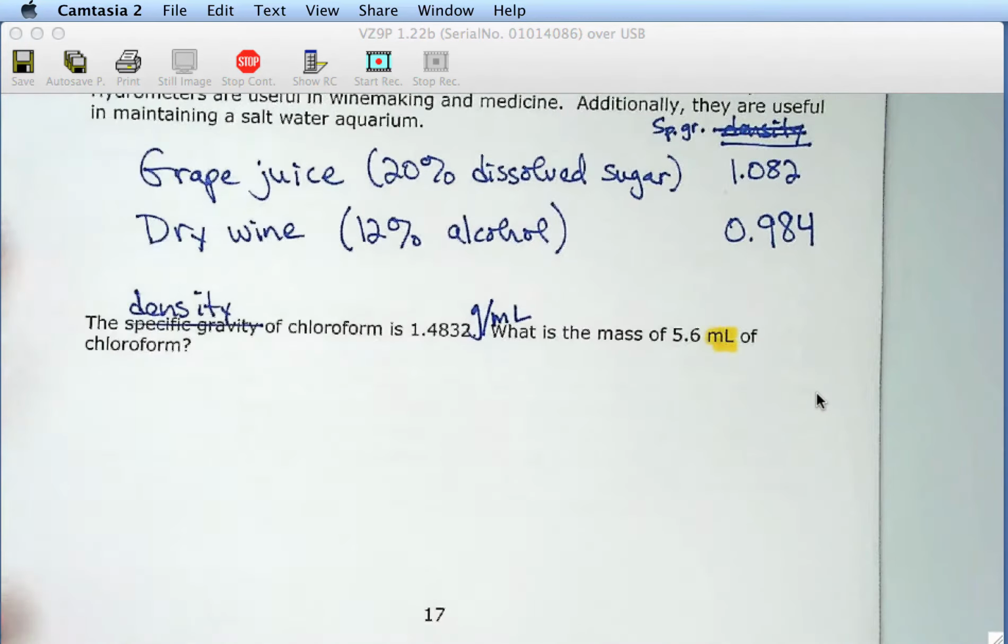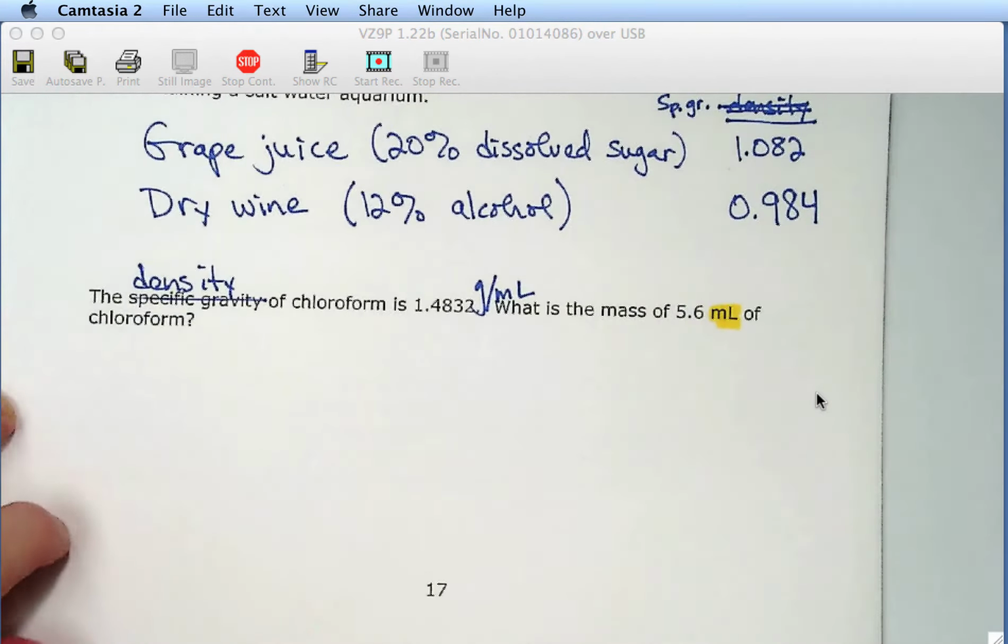Whenever you see a problem involving specific gravity, and it's asking for either mass or volume, just go ahead and convert it back to density. Now, your pre-lab for experiment 3 had a lot of questions involving specific gravity, and there were some questions at the end. So now you can work these questions.